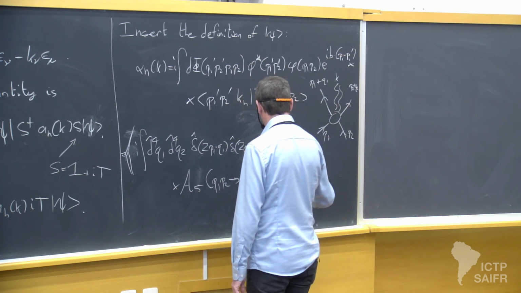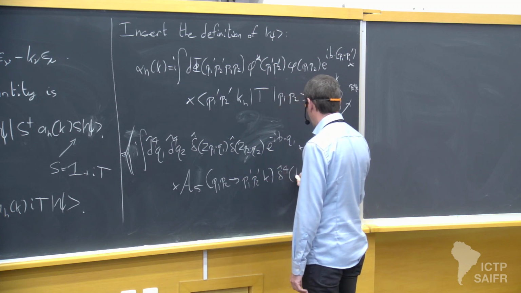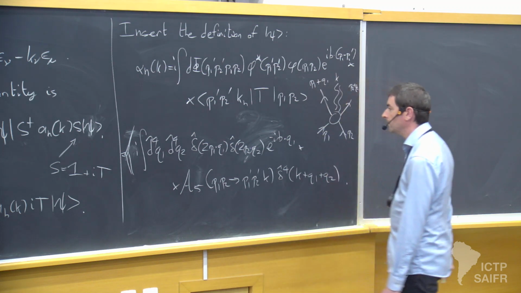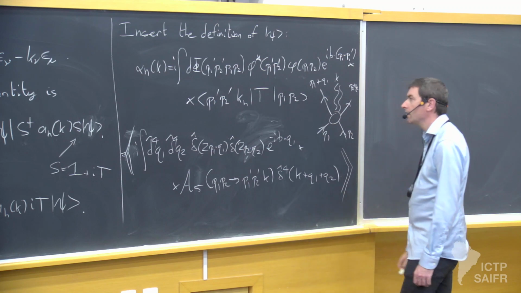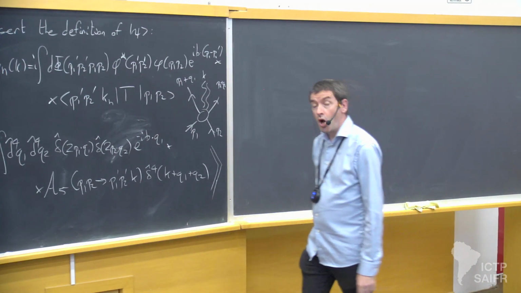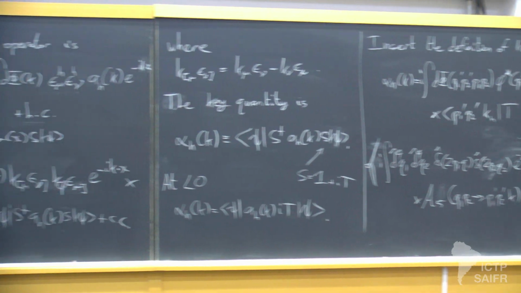And then there's the momentum conserving delta function, k plus q1 plus q2. Okay, so you see that indeed at leading order, the gravitational waveform is computed by a 5-point tree.